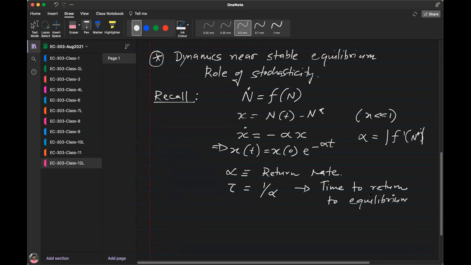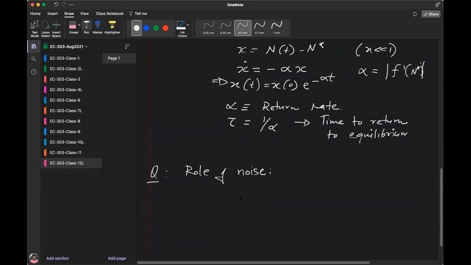What this means is that when alpha is large, the time to return will be very small. When alpha is small, the time to return will be very large. This is something we already know from the mean field system. So now the question is, what's the role of stochasticity? Role of noise.